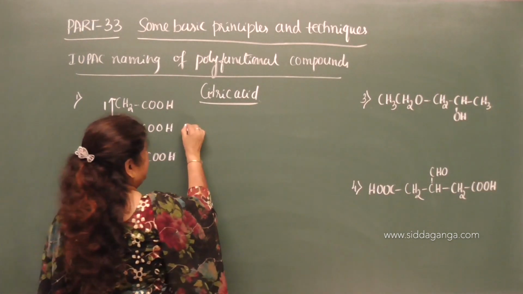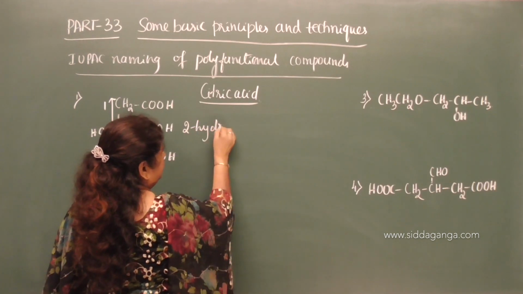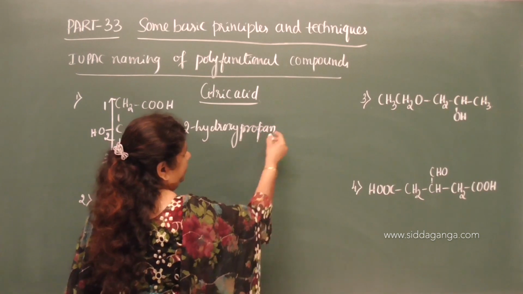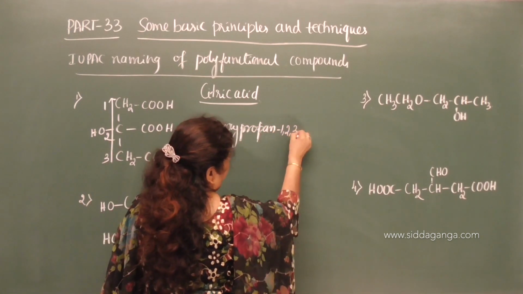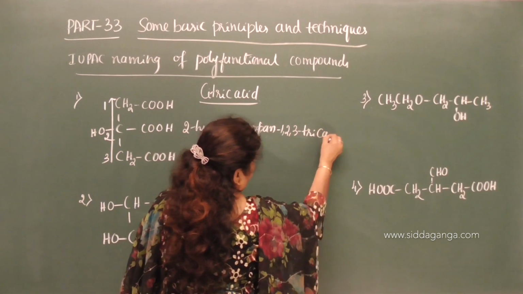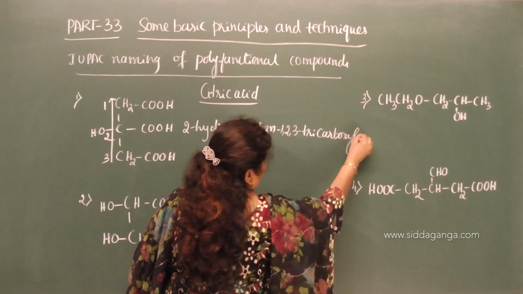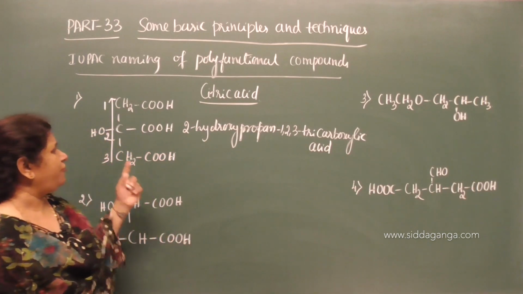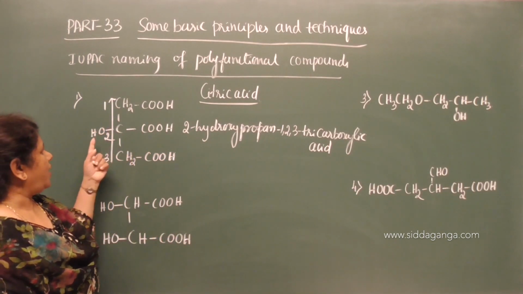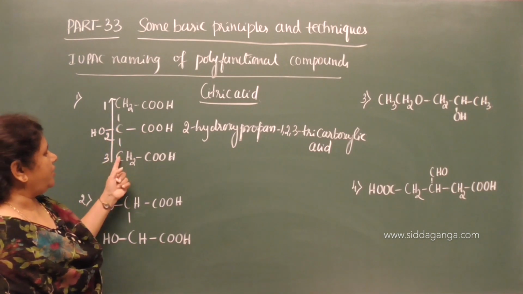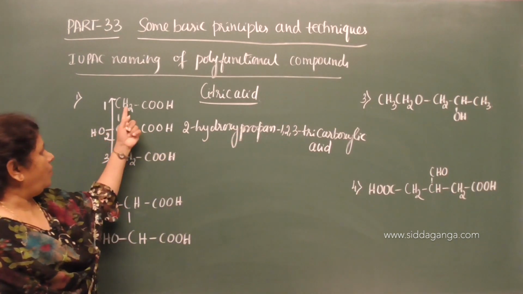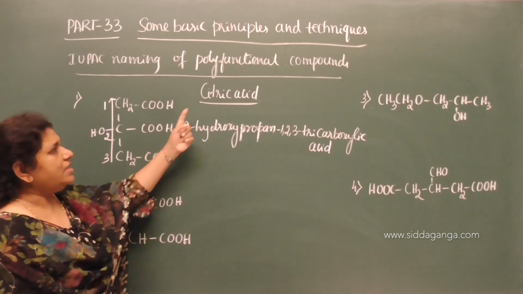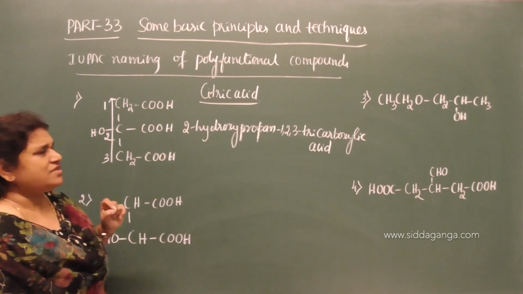So, the name is 2-hydroxy propane 1, 2, 3 tricarboxylic acid. This is the IUPAC name of this compound. See here, 2-hydroxy, root word will be propane, 1, 2, 3 tricarboxylic acid is the IUPAC name of citric acid present in citrus fruits.